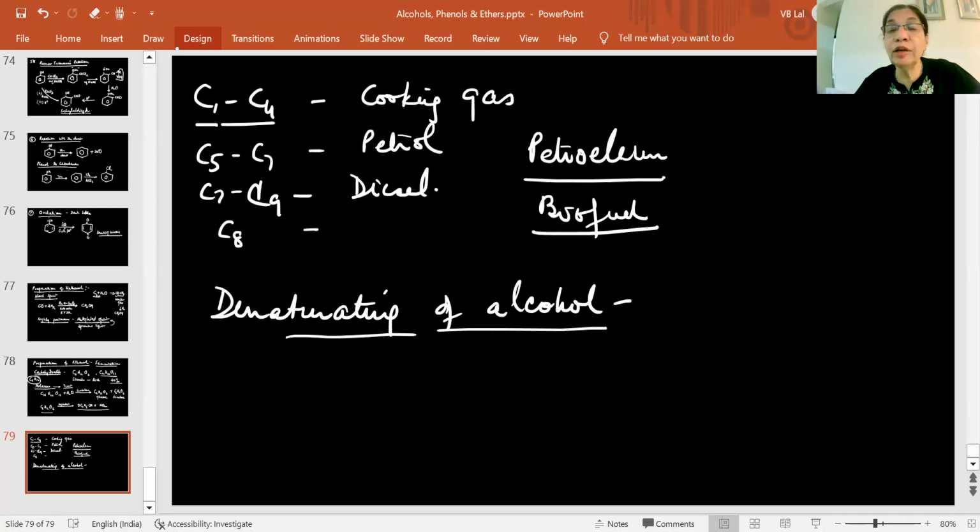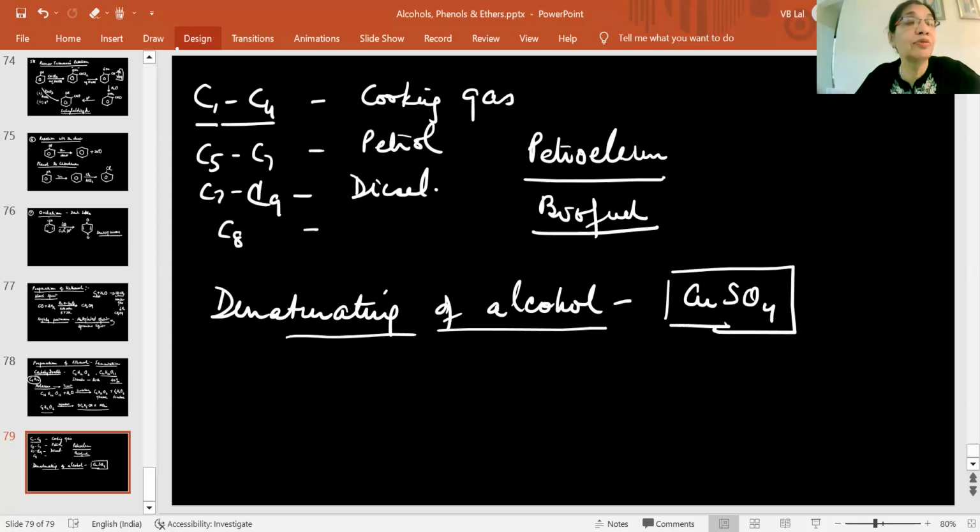This can also be done by mixing some copper sulfate. What is the color of copper sulfate? You are all chemistry students. Blue color. So they mix alcohol with copper sulfate, so it becomes blue in color. So you know this alcohol is not fit for drinking.